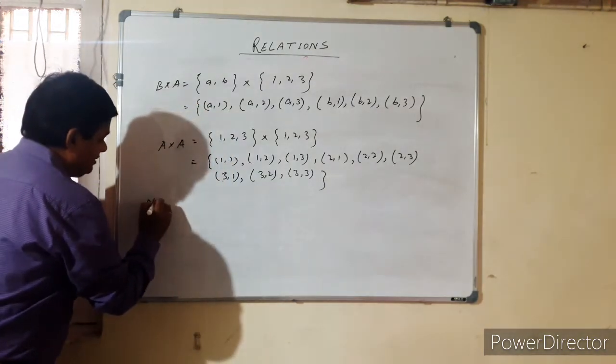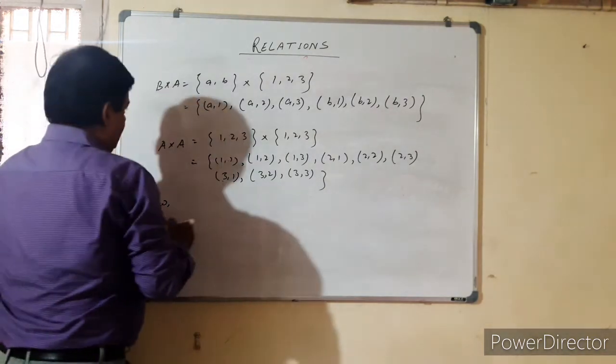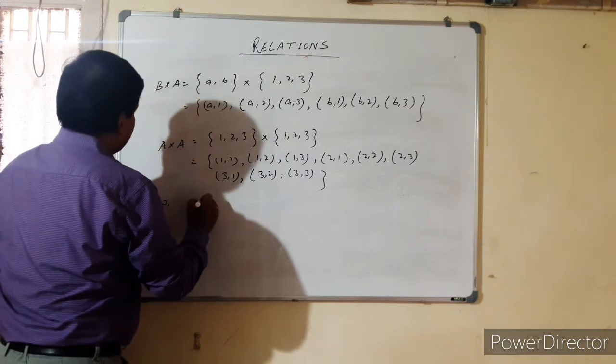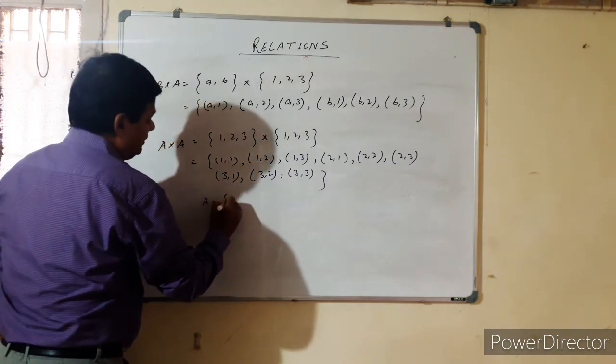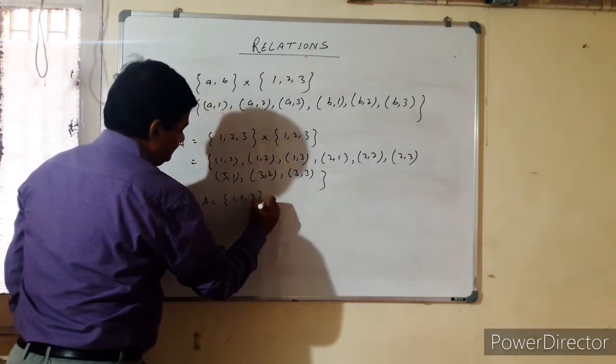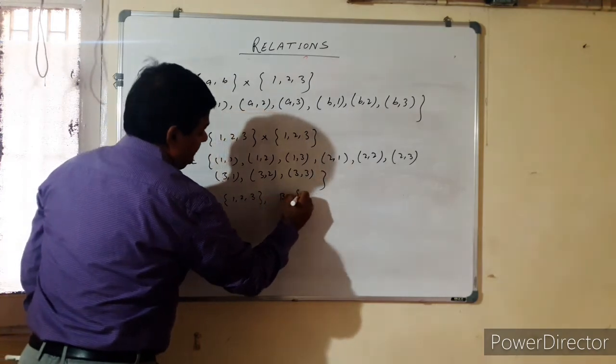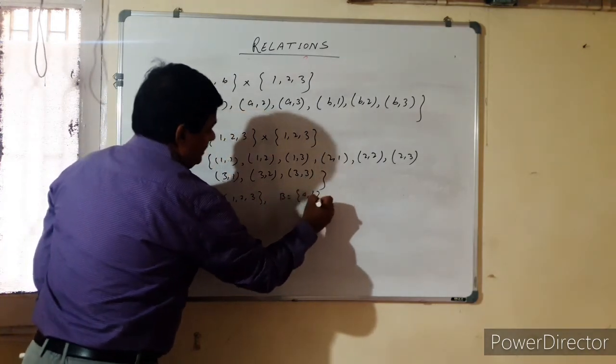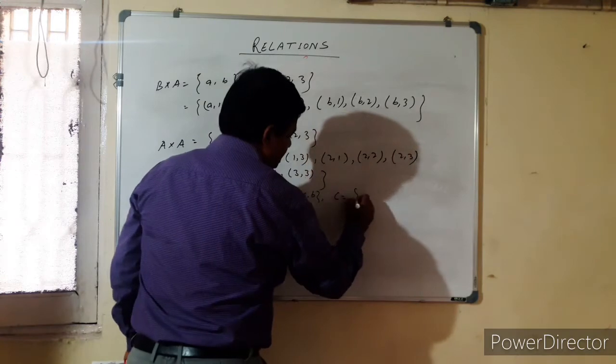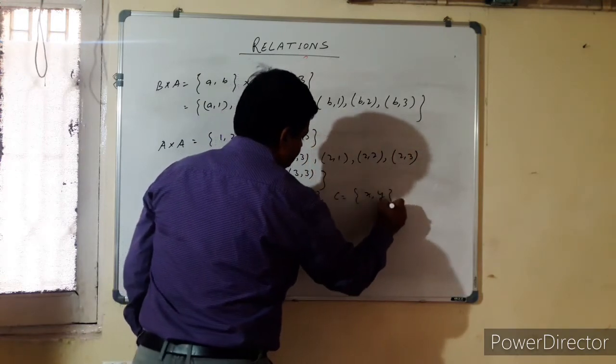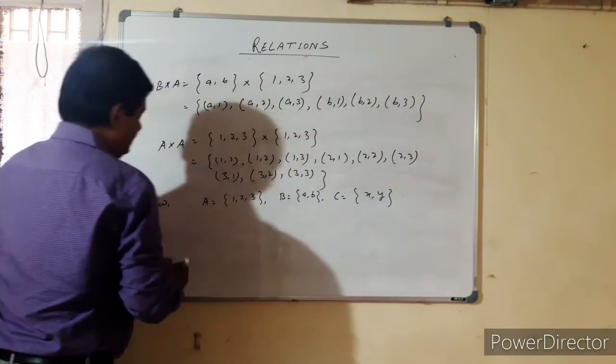Now, A equals {1, 2, 3}, B is {a, b}, and C is {x, y}.